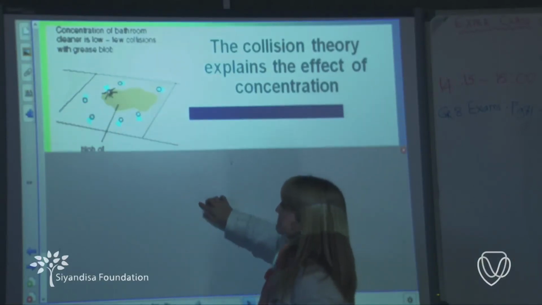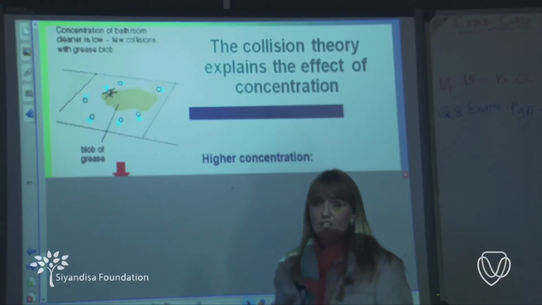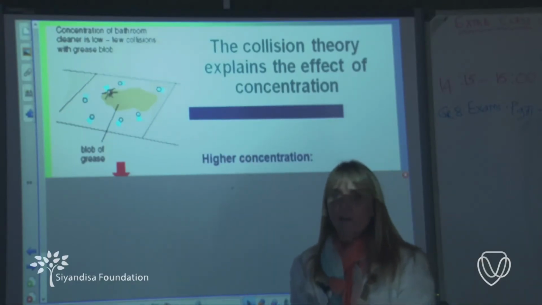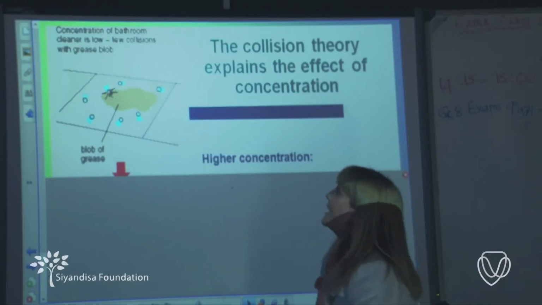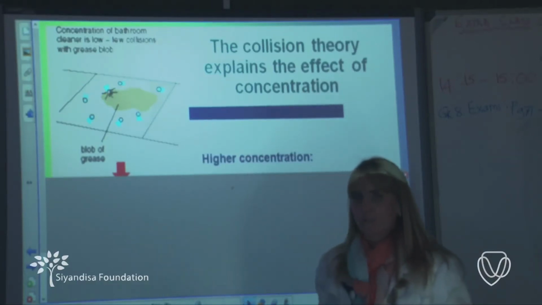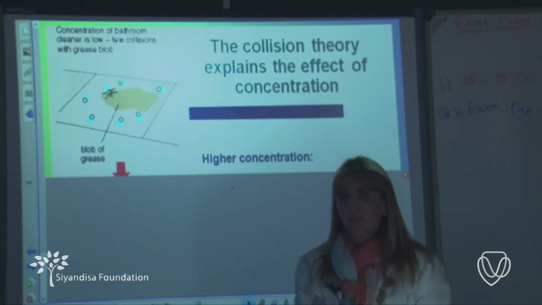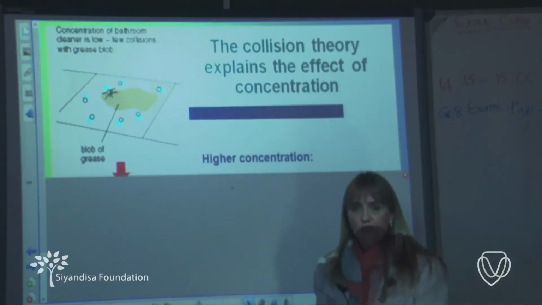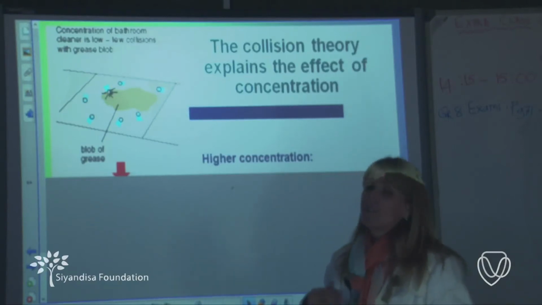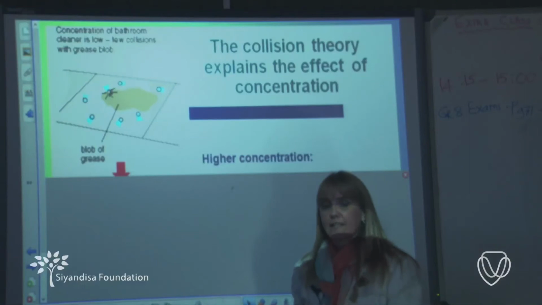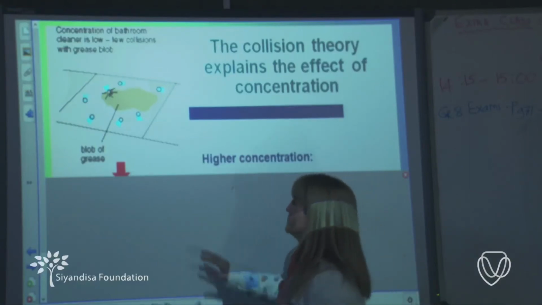which means that when I place that soap onto a blob of grease or fat or tomato sauce, whatever it is that you've messed on the counter, there are only a few molecules that can react with the stain on the counter. In other words, there are very few collisions, which means very few effective collisions. So that detergent is not going to clean your counter very well.